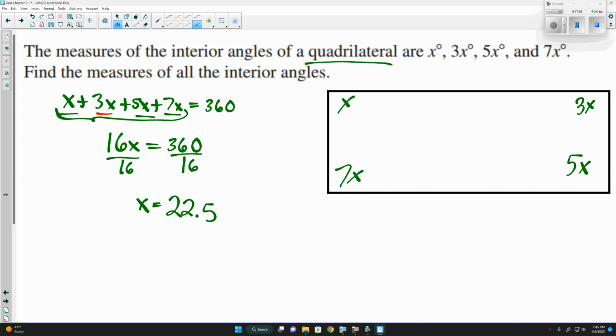So we need to find all the angles, yes? I found one of them, because one of them is just x. So one of the angles is 22.5. We also have 3x. So we're going to do 3 times 22.5.